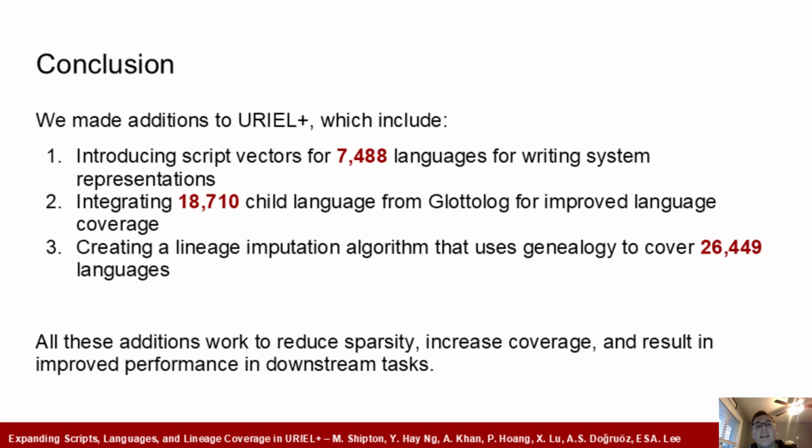Finally, we added a lineage-based imputation method covering over 26,000 languages. Together, these changes reduce sparsity, expand coverage, and improve performance on downstream tasks. The main takeaway is that our relatively simple additions can lead to substantial gains in multilingual NLP resources.